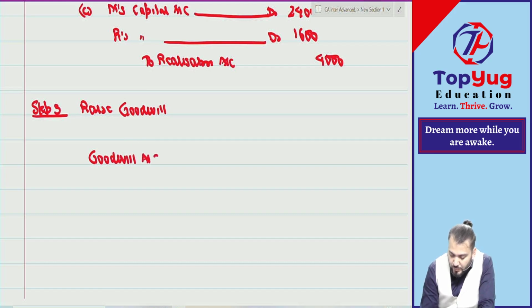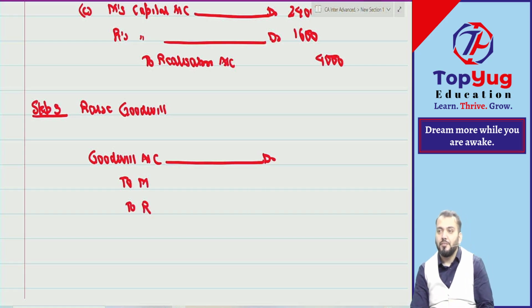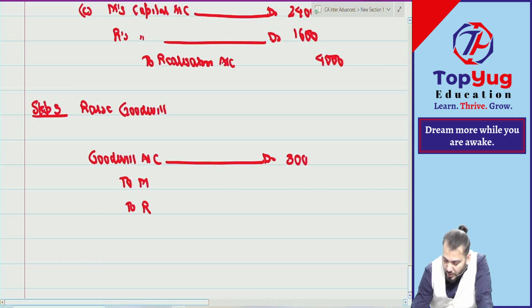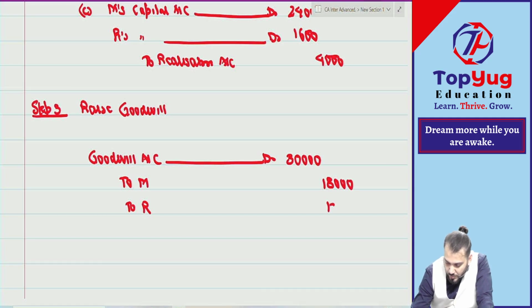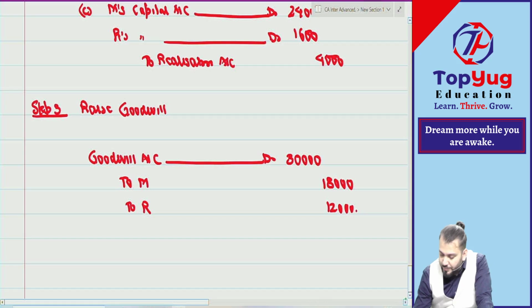Goodwill account debit to what? MNR. I'm writing MNR. You write on M capital, R capital. How much? 30,000, 18,000, 12,000. Then what?